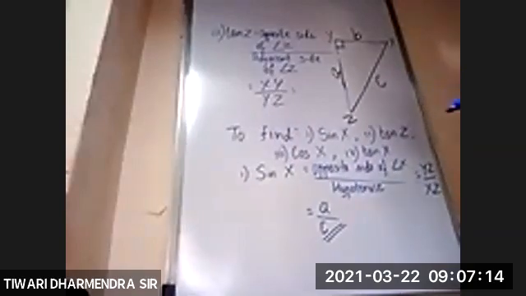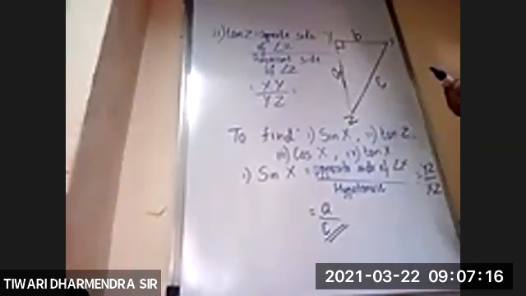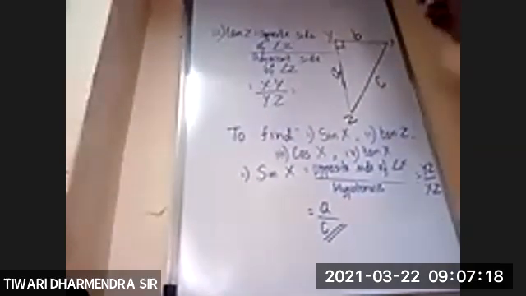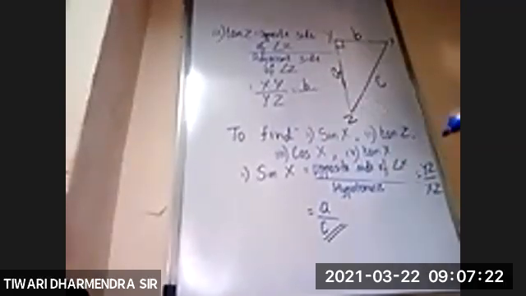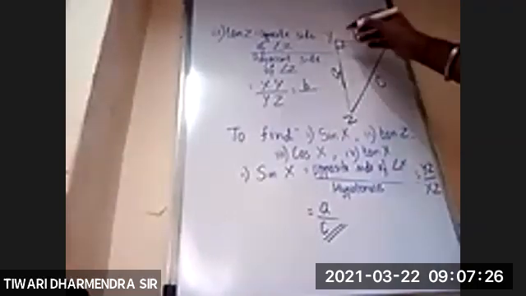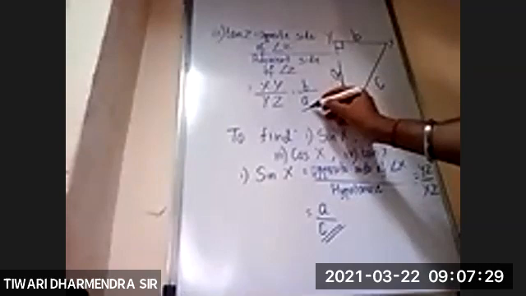Now tell me, what is the length of side XY? It is B, divided by the length of side YZ, which is A. So this is our answer.